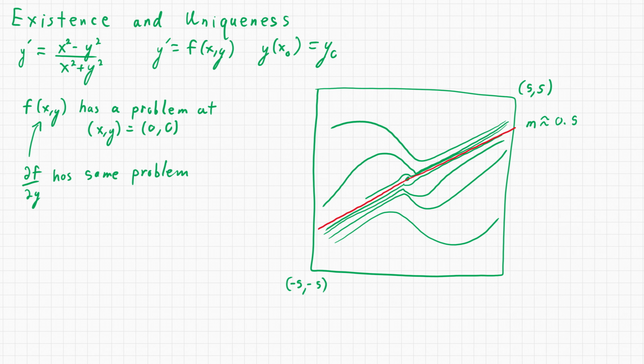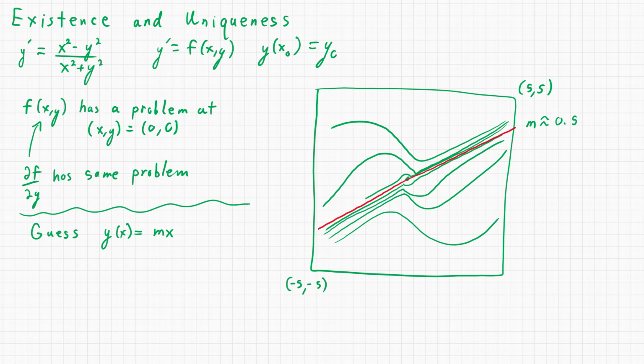So I thought, what if I make a guess? Sometimes you can guess a solution. In this case, I was able to guess and it worked. So I'm going to guess a solution y of x is equal to mx. I don't know what m is, but I'm hoping there's a solution like that.